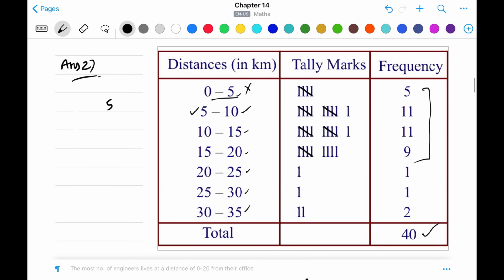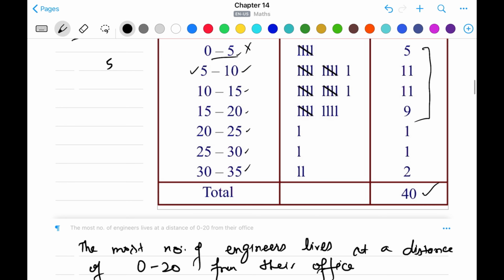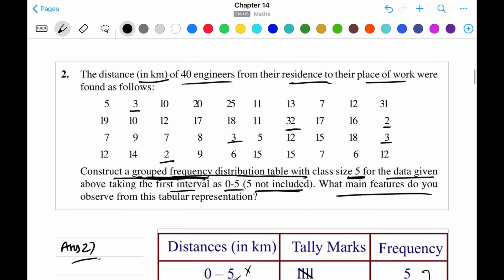Most of the students live between 0 to 20 kilometer of their office. So that's the answer for question number 2.